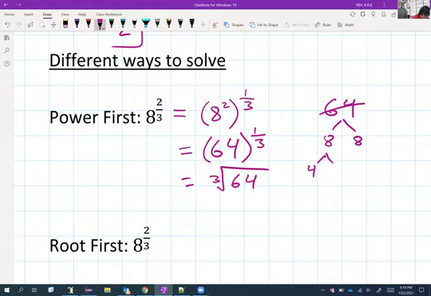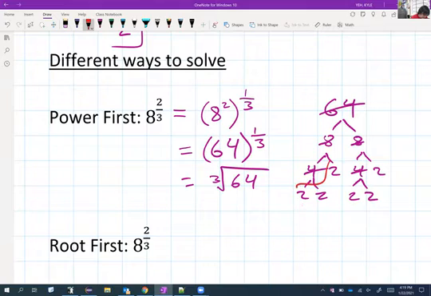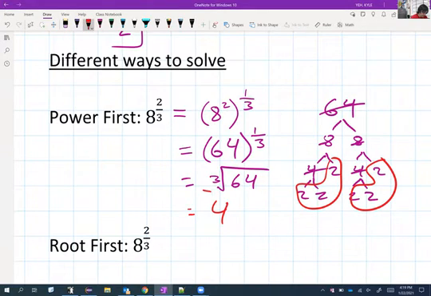This is 4 and 2, 4 and 2, 2 and 2, 2 and 2. We're looking for groups of 3. Group of 3, group of 3, nothing left over, so I can pull 2 2s out. So it looks like the cube root of 64 is just 2 times 2, or 4. 8 to the 2/3 power, judging by that, is just 4.